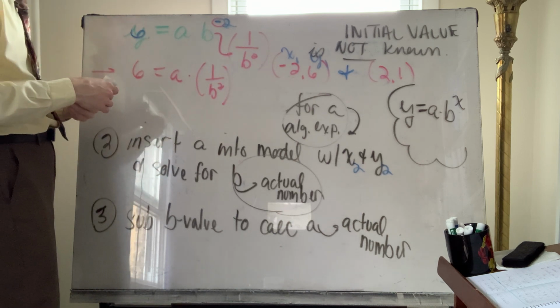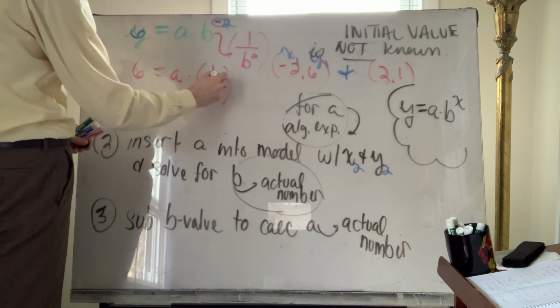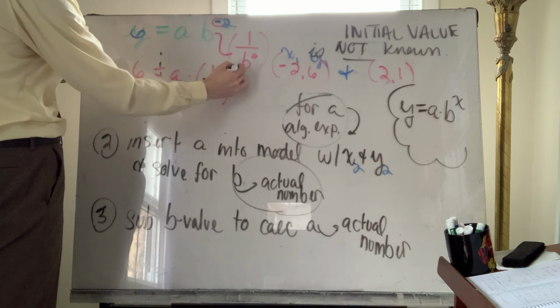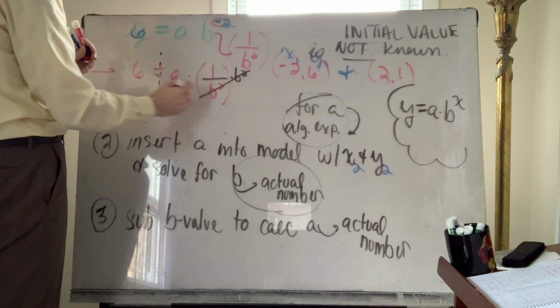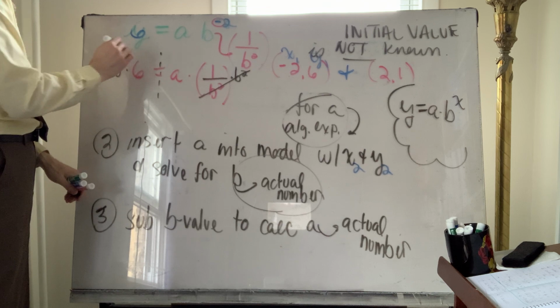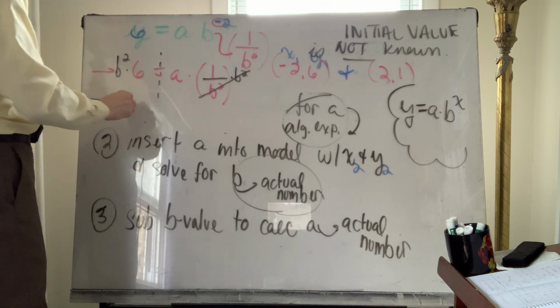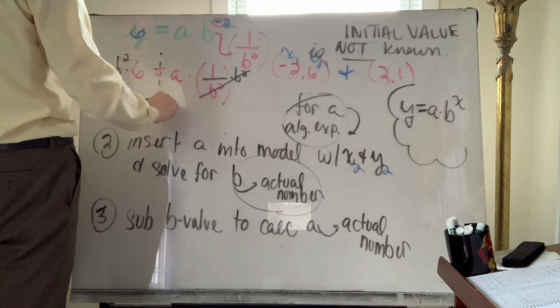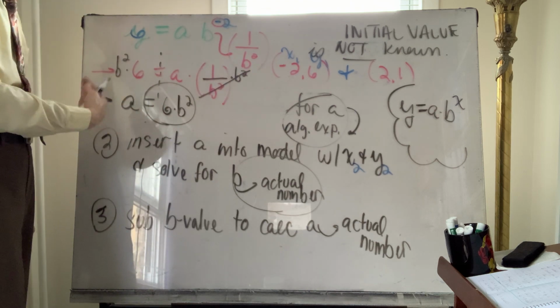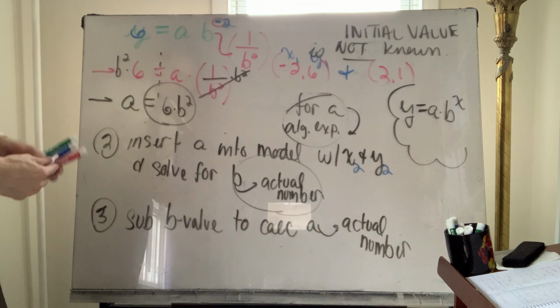Because it is now a denominator, in order to justify moving it, you would multiply by b squared for this cancellation effect, and then for the sake of balancing it, do it over here as well. Which means that a is equal to 6b squared, an algebraic expression rather than a number, temporarily.